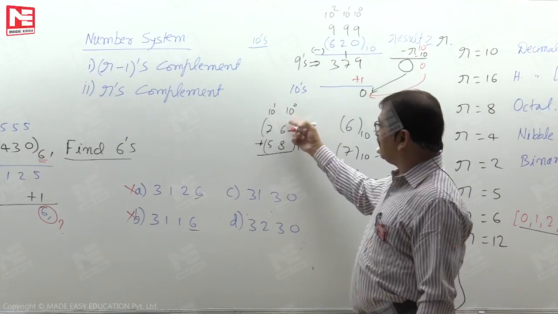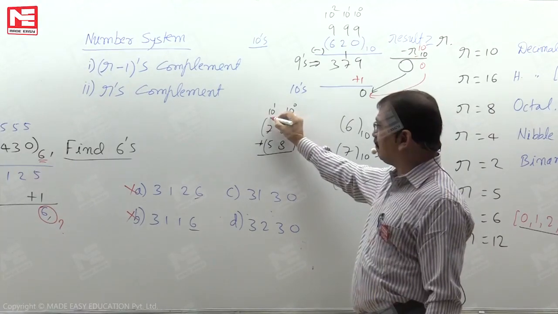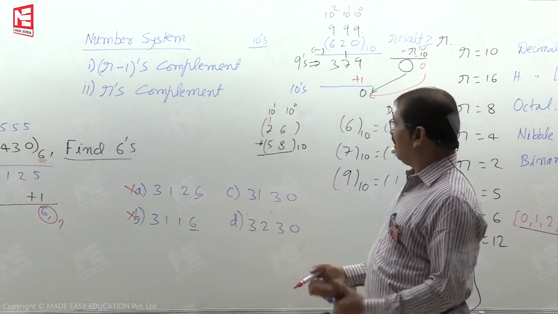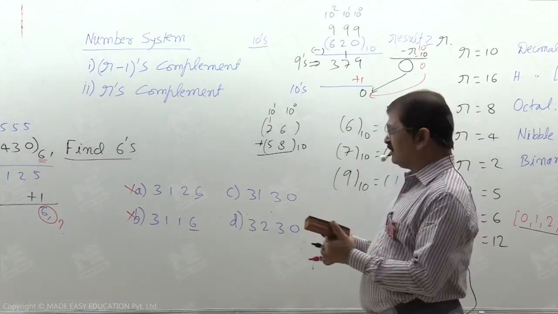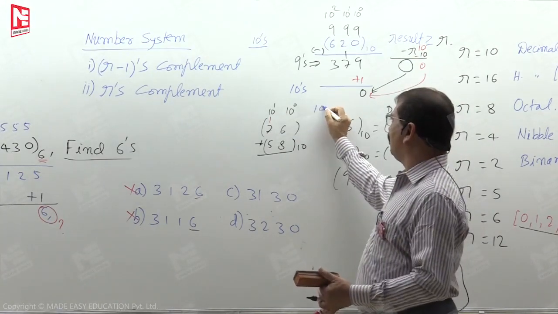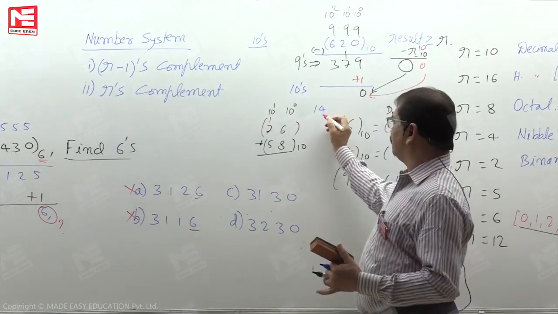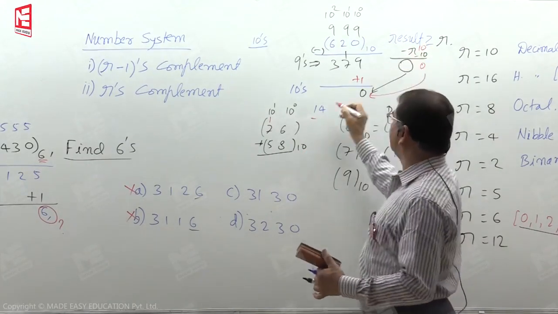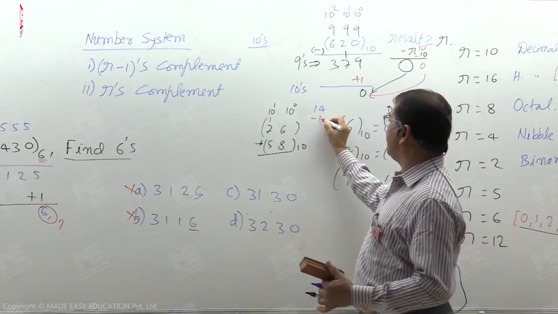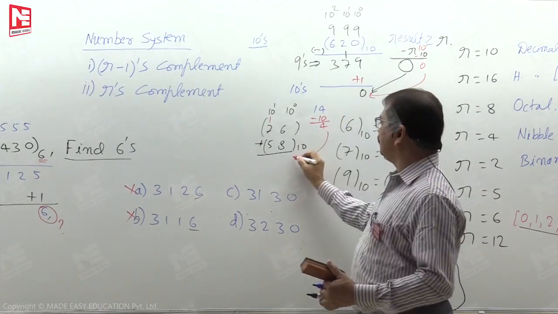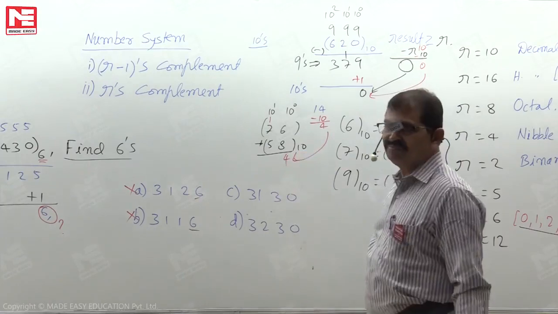We perform the addition at the units place. The next significant place is the 10 to the power of 1's place. Now, what is the result? The result happens to be 14. To get the digit here, we subtract the radix from this result. The radix is 10. So this is 4. That is the reason why we have 4 here.